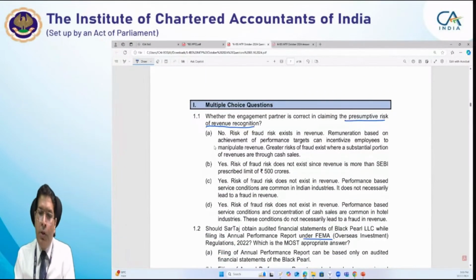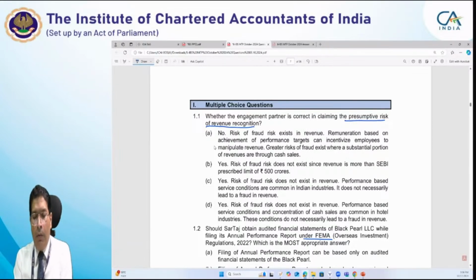For first MCQ, I have already told you there is a chance of risk because of involvement of cash transaction. Paragraph 26 of SA 240 provide presumption that there are risk of fraud in revenue recognition.